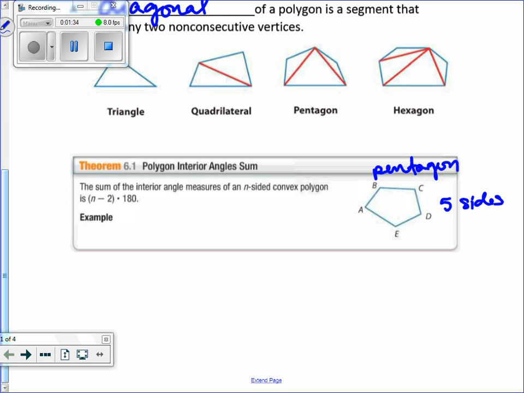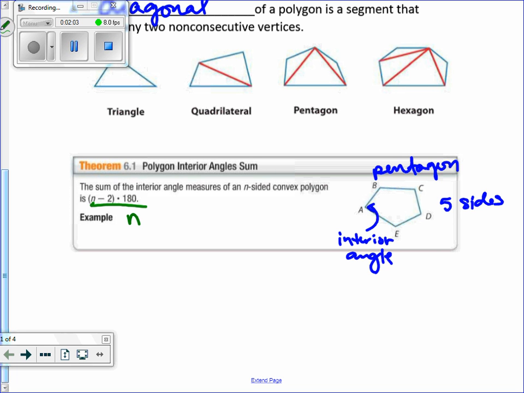The interior angles are the ones that are inside the figure, and you can see that we have 5 interior angles, just the same as the number of sides. So we're going to make an example out of this one. Our formula for the sum of the interior angles, so not the measure of each one, but just how much they add up to all together, is n-2 times 180.